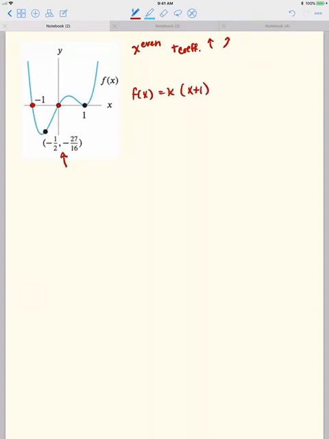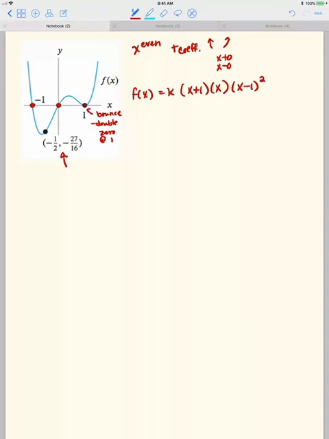A crossing at 0, which is a 0 of 0, so it's just a single x. Or again, if you need to put x minus 0 or x plus 0, you can, but it's still just an x. And then I have a bounce at 1. So that bouncing is going to be a double 0 at 1, so x minus 1 squared.